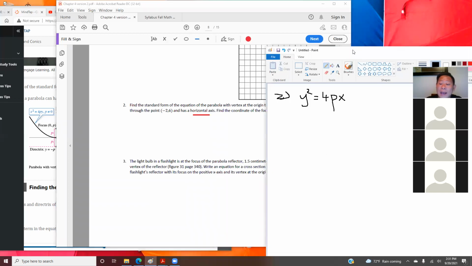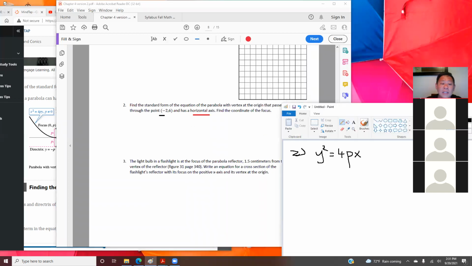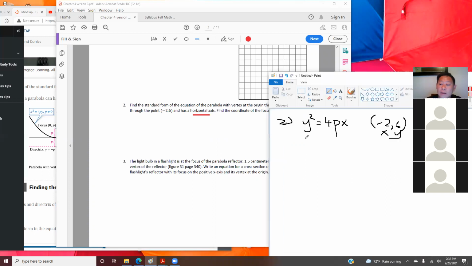So how do we get p in this case? You take this point, negative 2, 6, which is your x and y values, and you plug it in here and solve for p. So you plug in 6 squared here, the y is 6, 4p times x, which is negative 2.